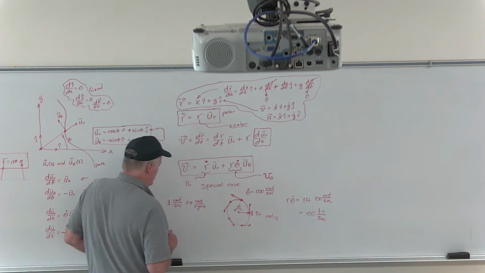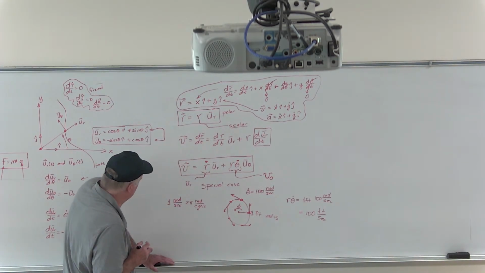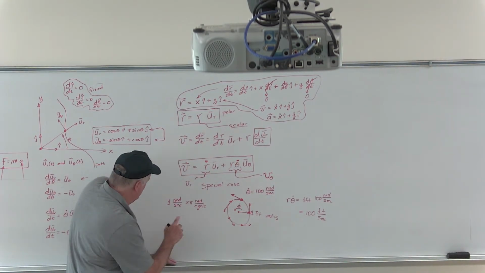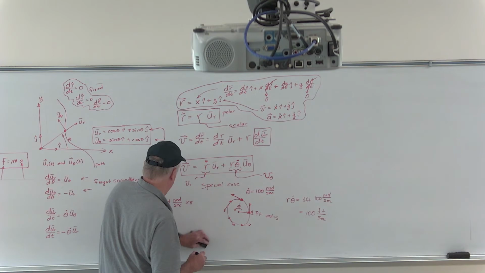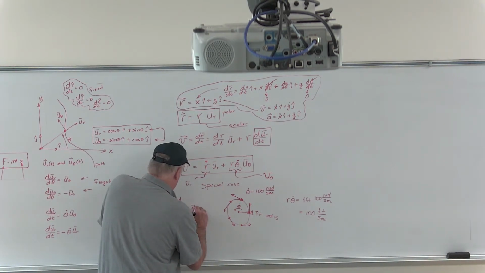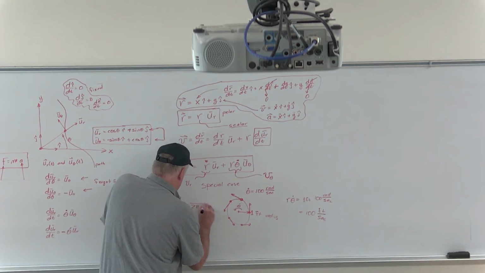So you want to go 1 cycle, right? So how long did it take you? Well, what you could do is multiply this out, and I've got to get rid of 2 pi, 1 cycle, because I've got to cancel that and that.